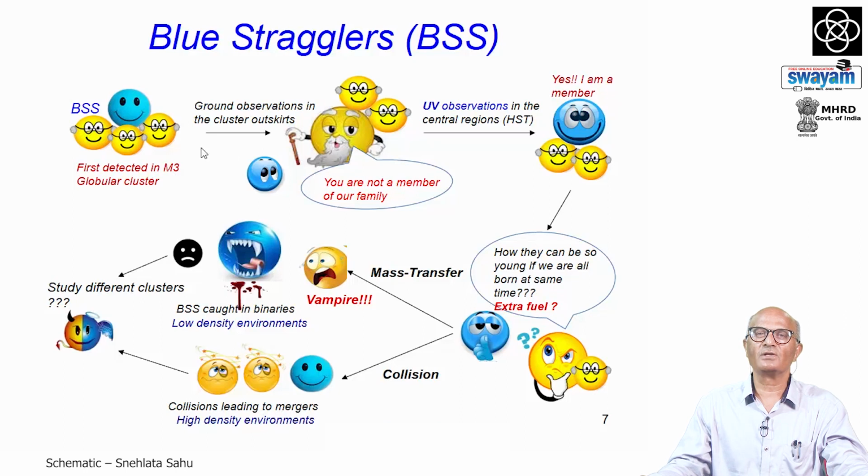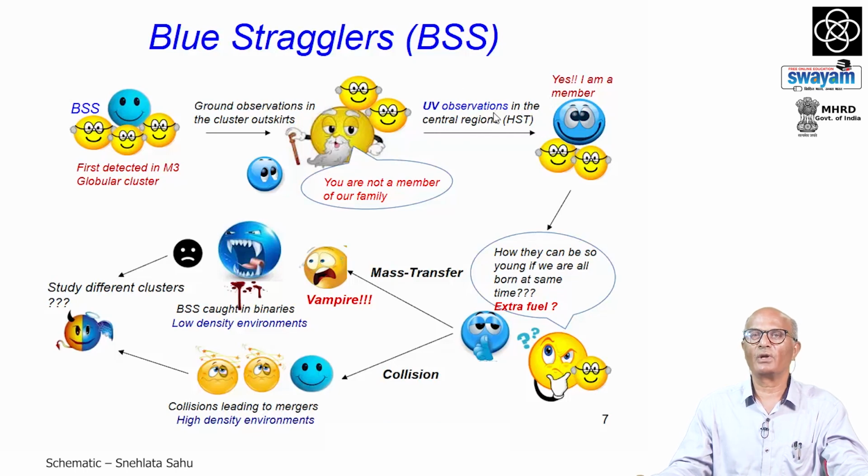the easiest way was ground based observation in the cluster, and we said that you are not a member of the family, you are not a cluster member. They started saying no, we are cluster members, and that question was settled once the kinematical motions were observed, and UV observations in the central region with HST also helped.